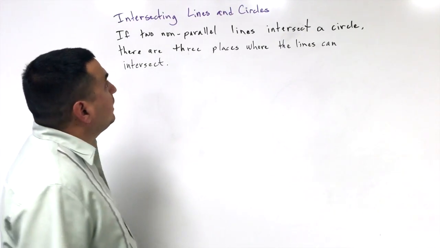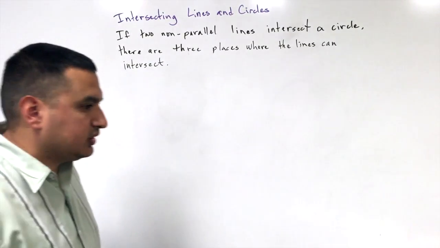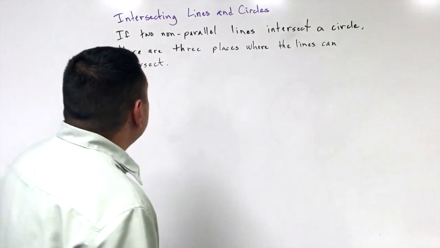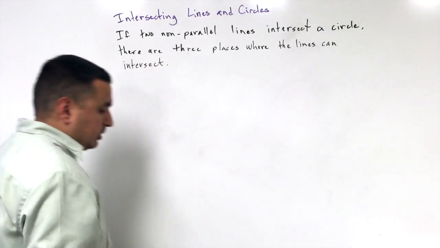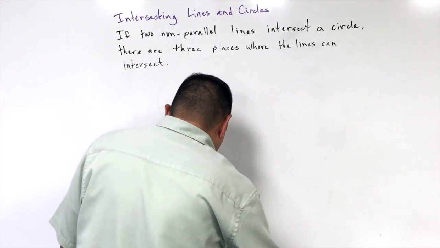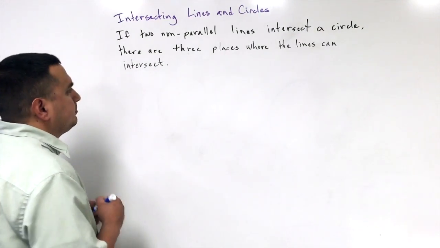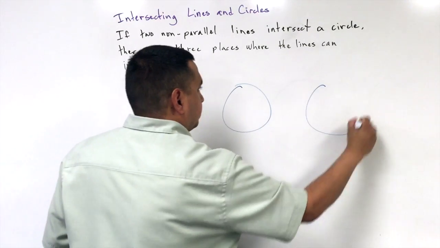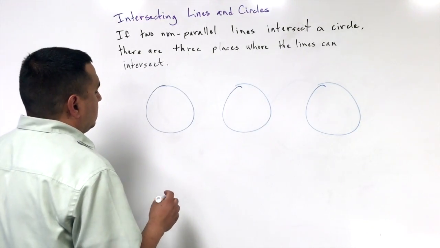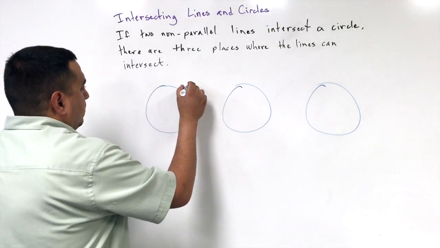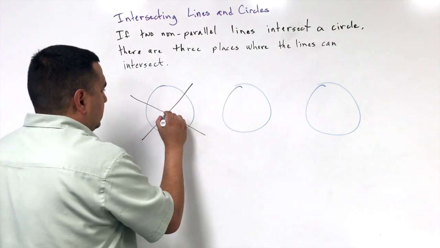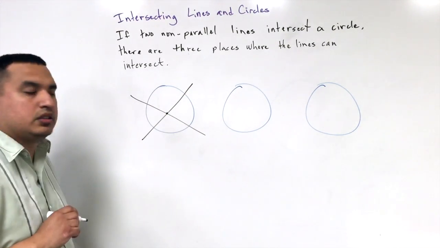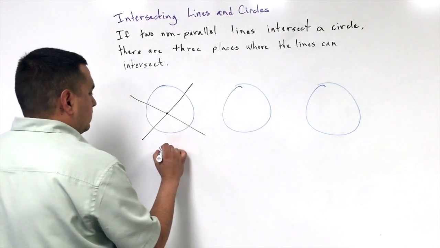Alright, let's look now at what happens when two lines intersect a circle. Now we have to assume that they're not parallel, because obviously if they were parallel they would not intersect. So let's draw some circles here. One way they can cross is if they cross inside the circle.